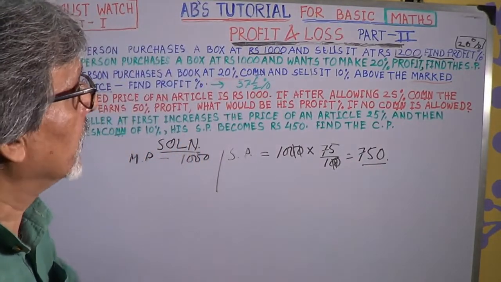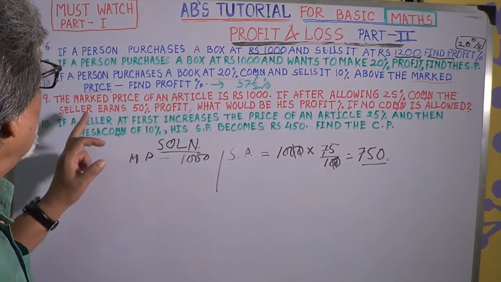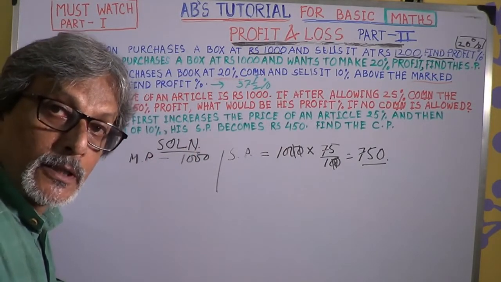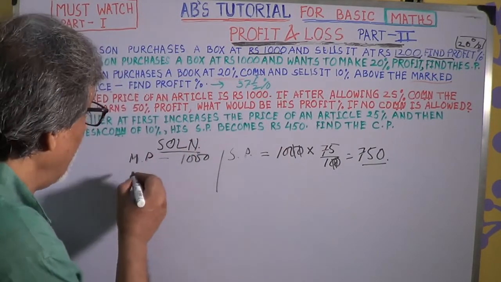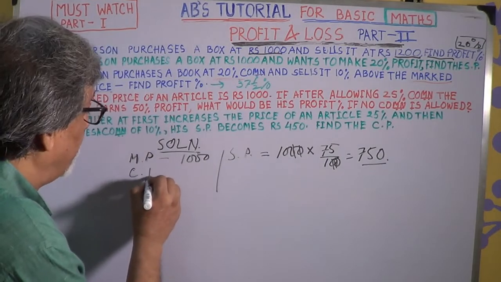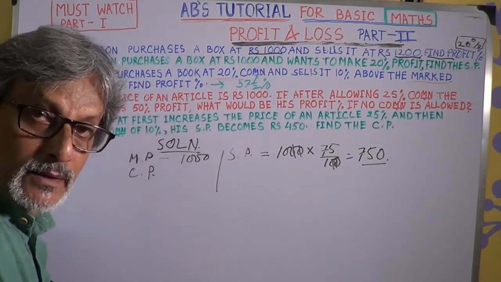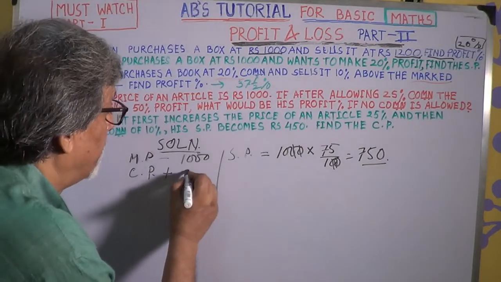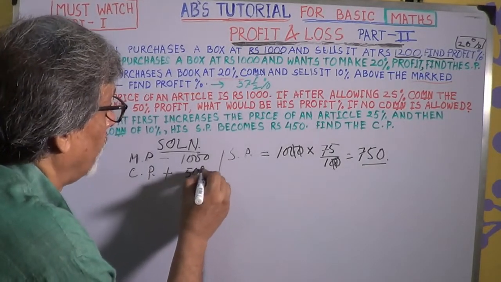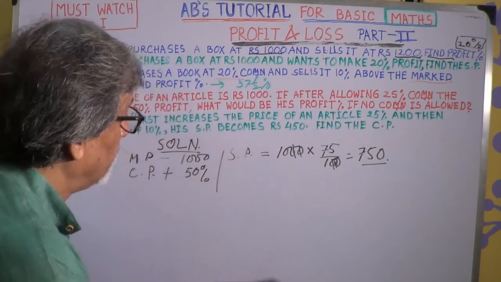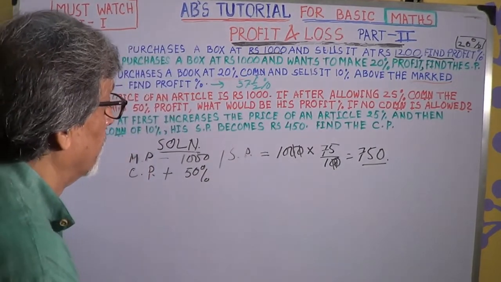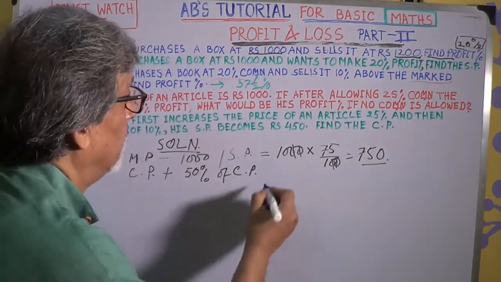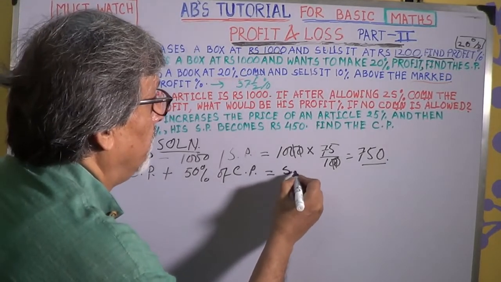Now the seller earns 50% profit. This means cost price plus 50% of cost price is equal to selling price.